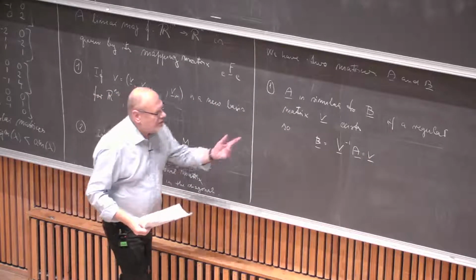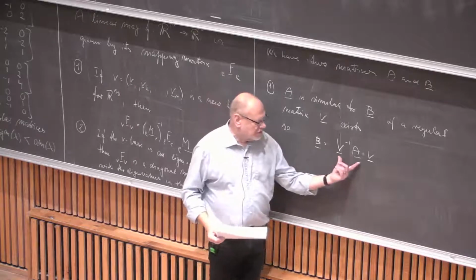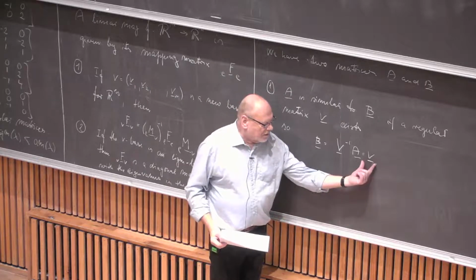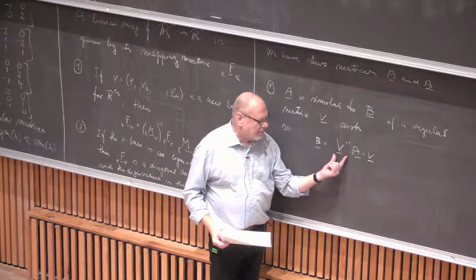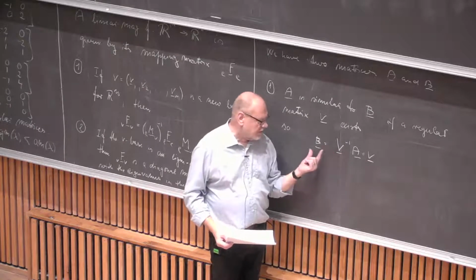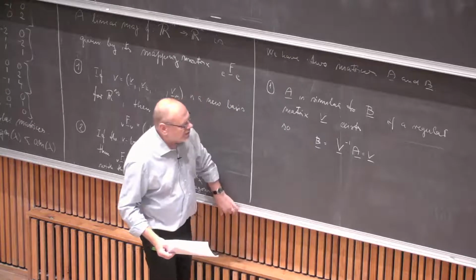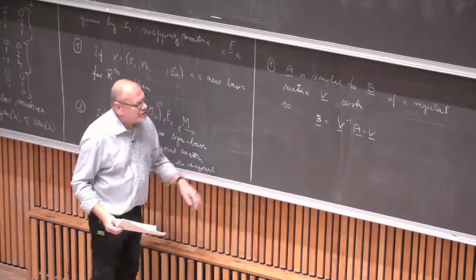If you can find a regular matrix such that if you post-multiply by this matrix and pre-multiply by the inverse of this matrix you get B, then the two matrices are similar.